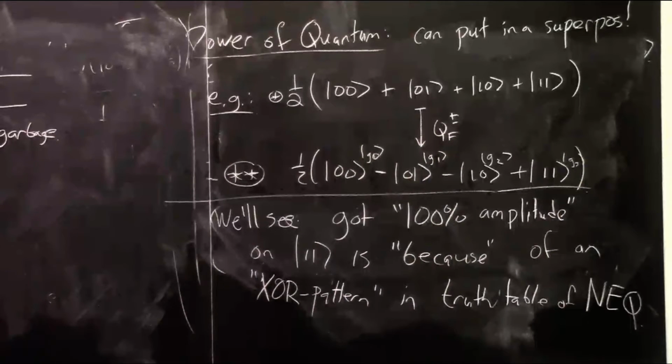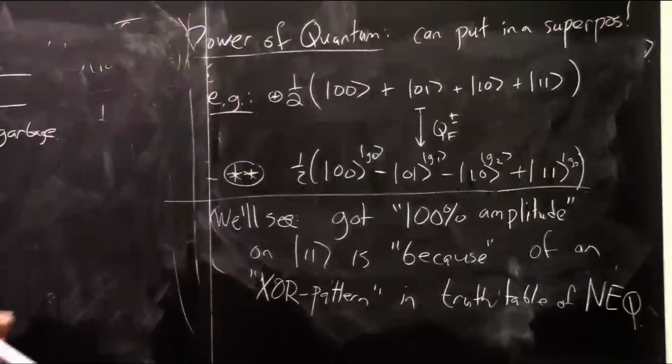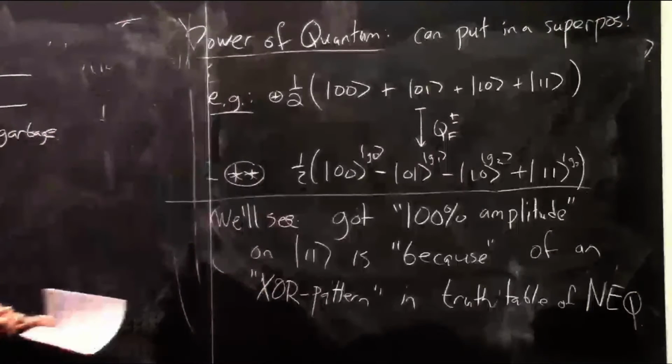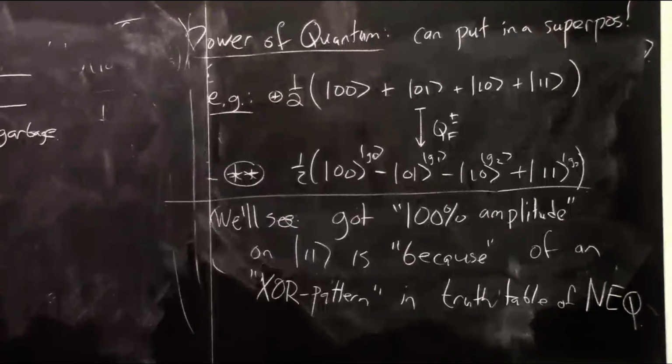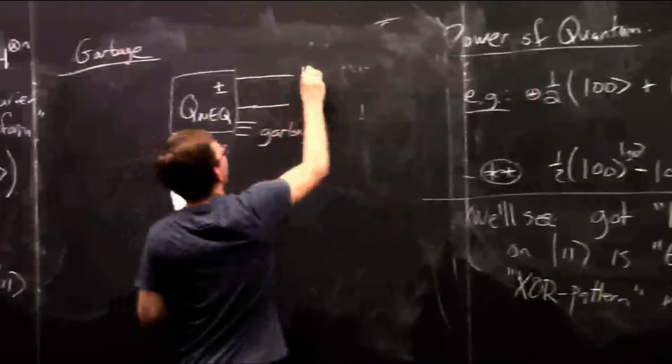Then the point is that this beautiful trick of doing this Hadamard transformation and getting all this glorious cancellation, and getting down to 1, 1, would stop working. The garbage would block the interference from happening. So let me just try to quickly illustrate that.